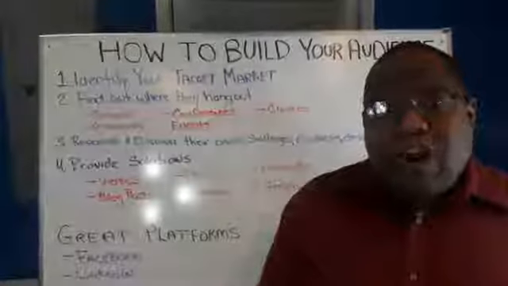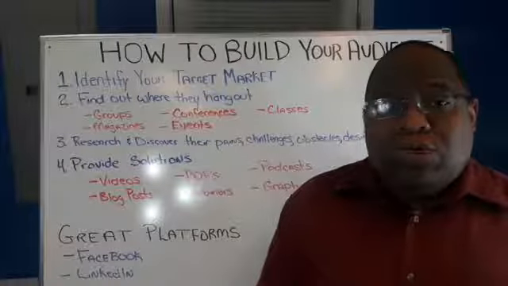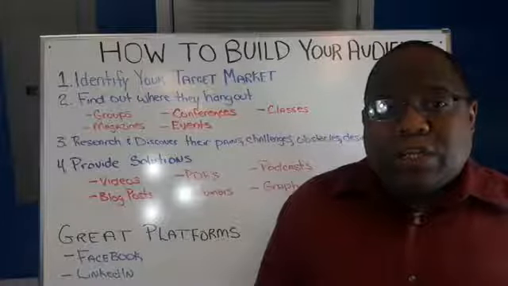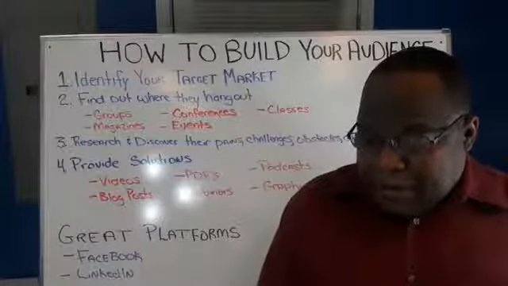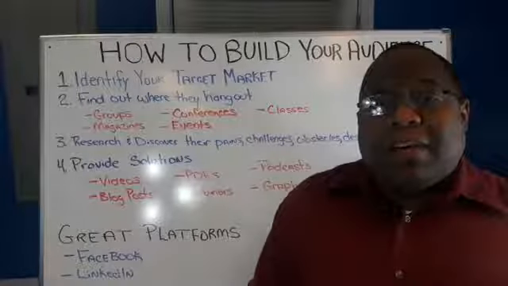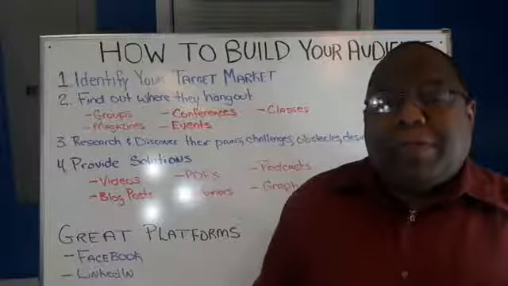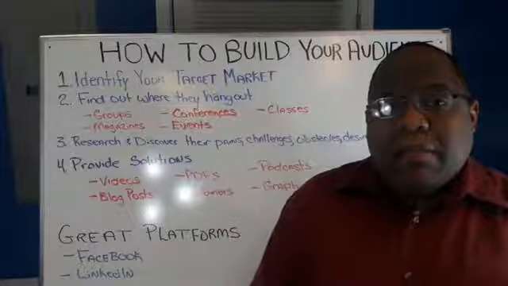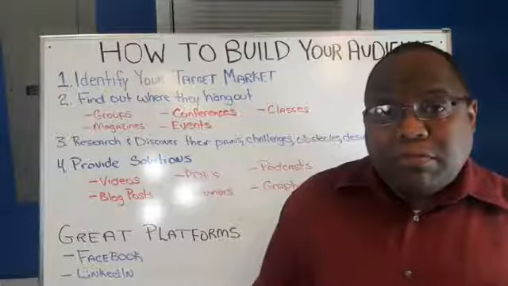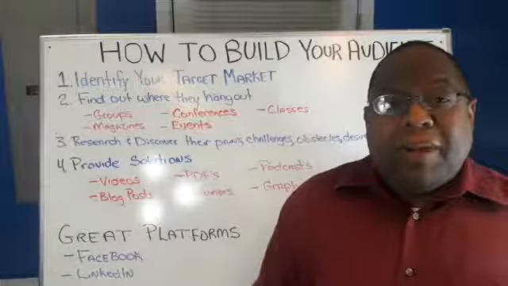Maybe your target could be young adults who don't want to do the traditional corporate America, the traditional 9 to 5. Or you might target other network marketers, people who have experience in network marketing. Maybe they haven't made any money in network marketing and they don't understand the strategies of network marketing.